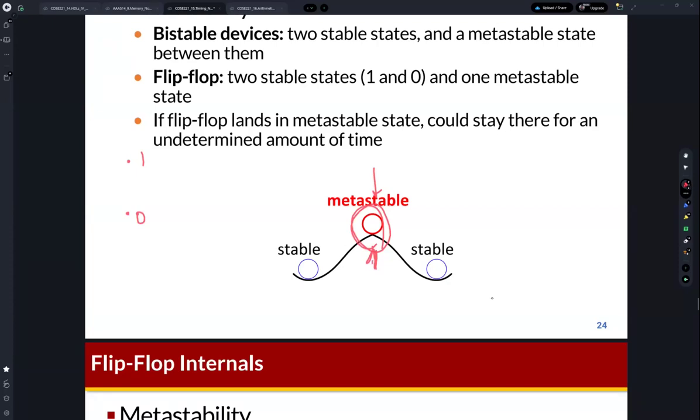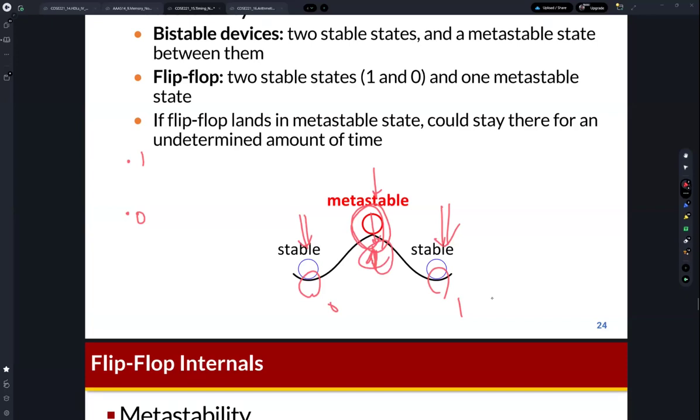This is called metastability, a metastable state. Unfortunately, usually the digital values are in these stable states, 0 or 1, but because of the asynchronous input, the states can be located in these unstable states.